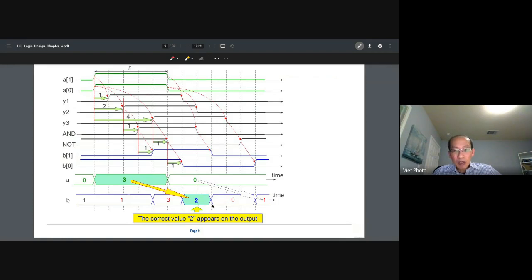You can see that 2 here is for 2 time units, 0 here is for 3 time units, and 1 here is that. So how can you know when to get the output data out to use it? You have to have some kind of time unit here. What is the reference? It changed here, so everything changed here.